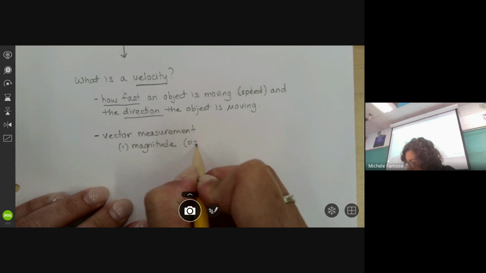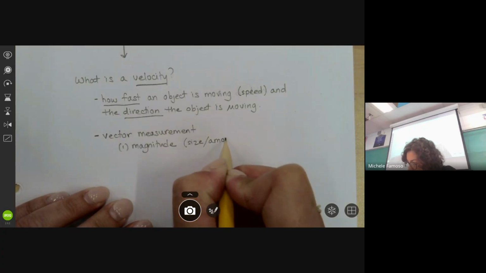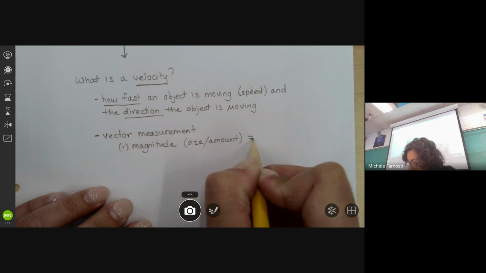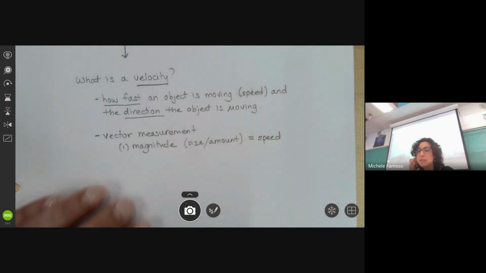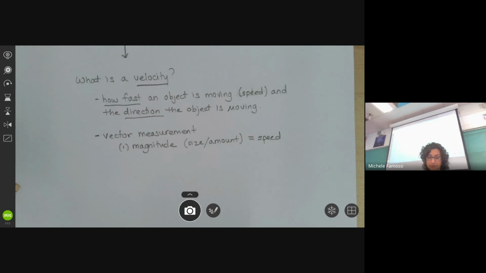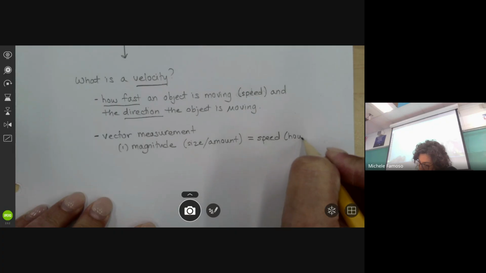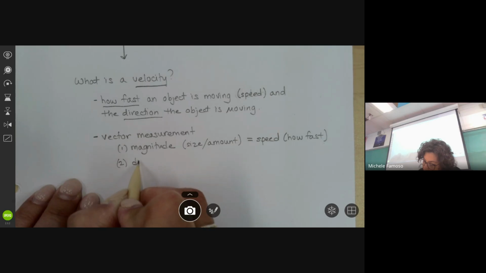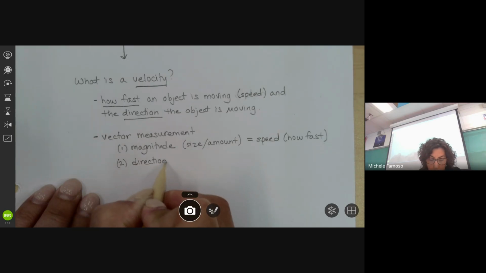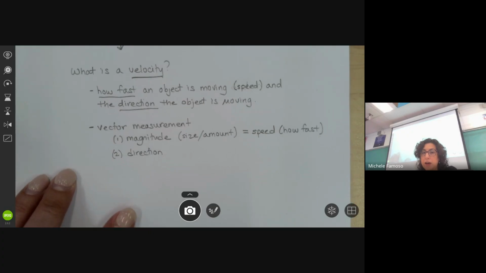So this is your size or amount. The magnitude of a velocity is what we would call your speed. It's telling us how fast you're traveling. And the other piece it needs is the direction that you're moving in. That's what makes it a vector, the direction piece of it.